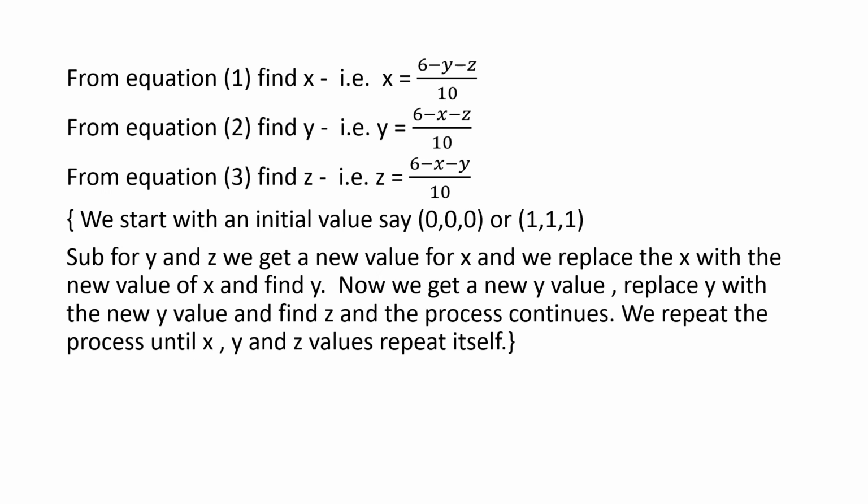So you will get a new ordered pair of x, y, and z. And that ordered pair is used for the second iteration. And the process is continued until both iterations have the same value. That is, x values will repeat, y values will repeat, and z values will repeat.